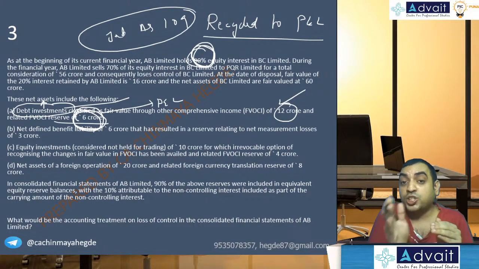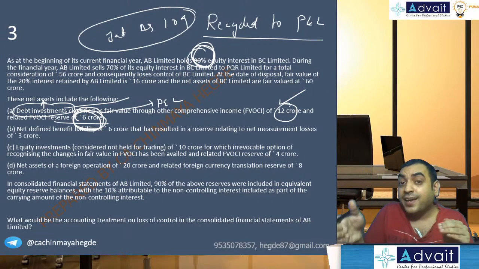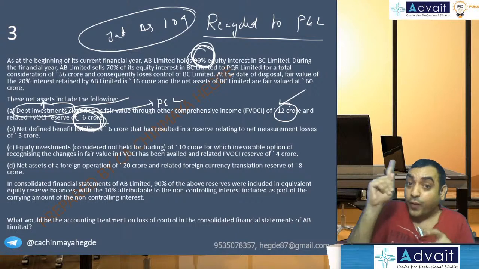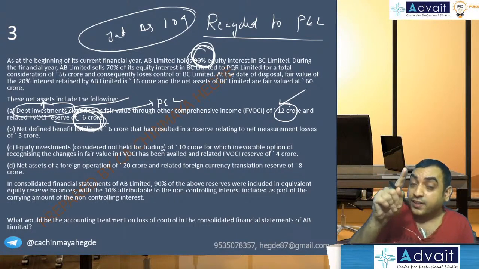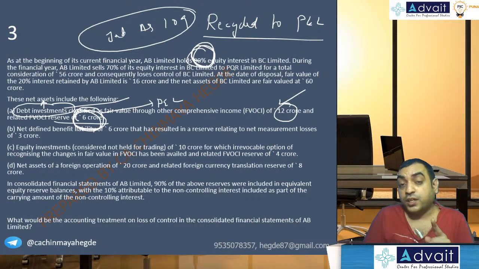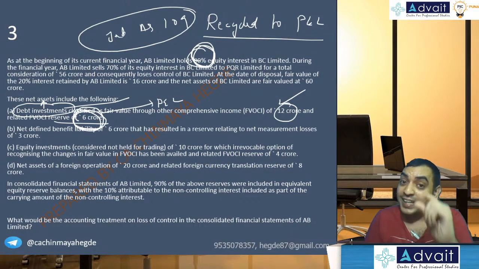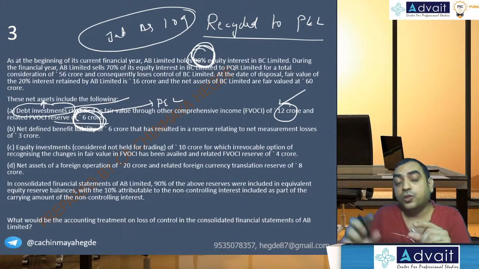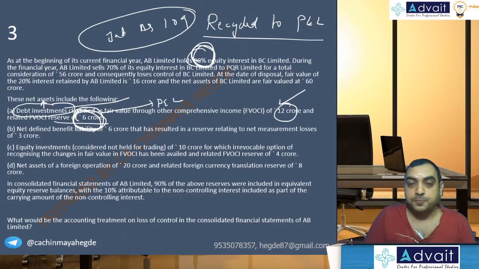You know the post acquisition profits, the consolidated P&L column and the NCI column. So this 6 crores when created would have been transferred to your company's, that is the holding company's, OCI 90% and then NCI portion 10%.